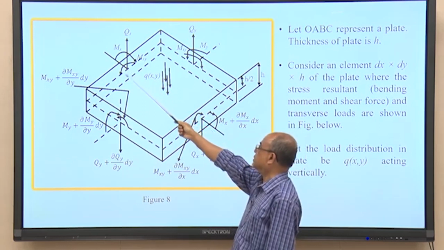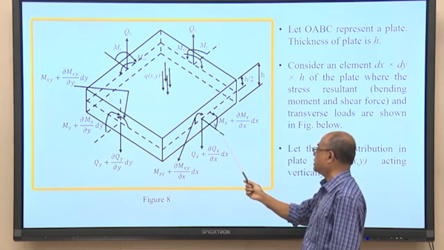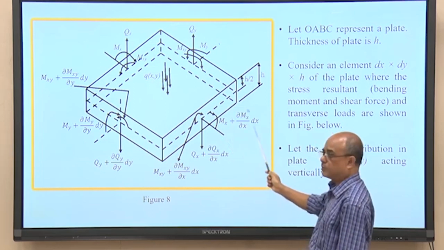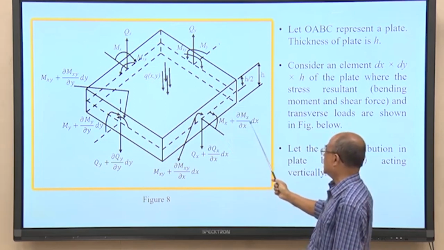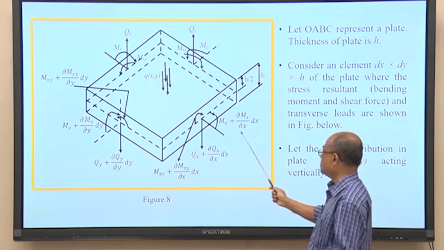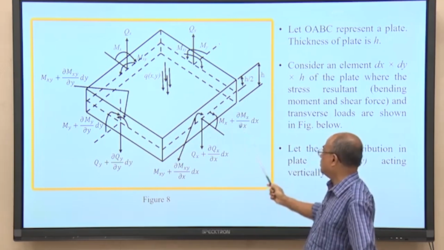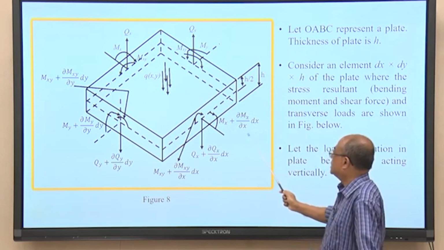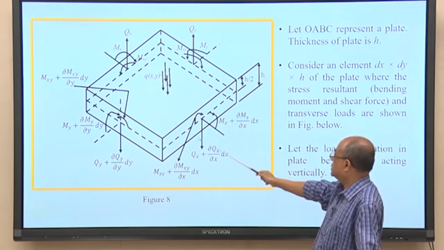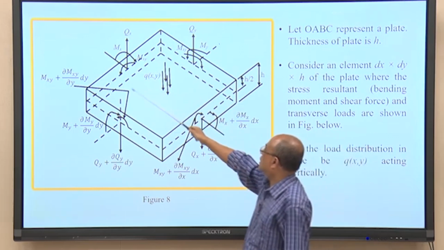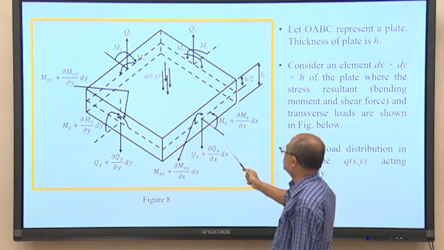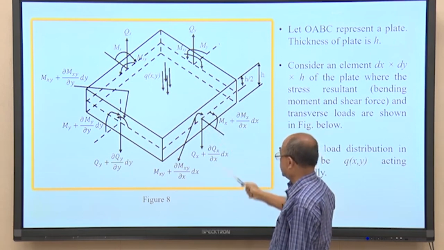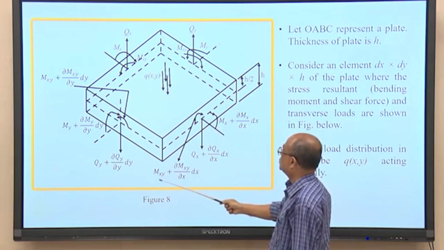If on this side it is mx, on the far side there will be some increment. This increment is found by Taylor series expansion, keeping only the first term and neglecting the higher order terms. So, this term is mx plus dmx by dx into dx, and the twisting moment is shown here, say mxy, and on the opposite faces the increment is also added to the twisting moment.